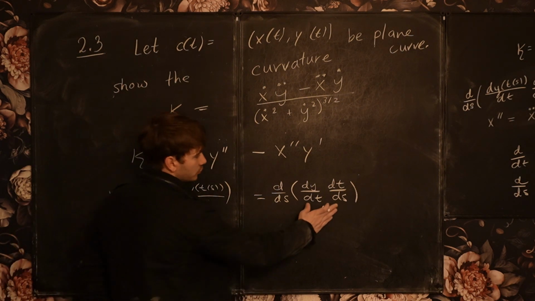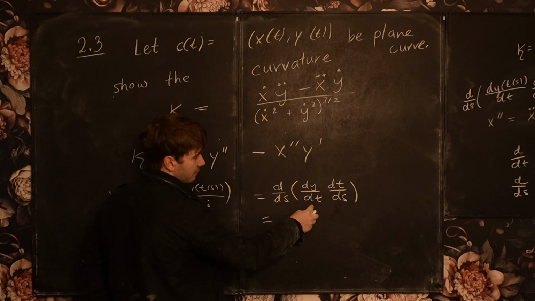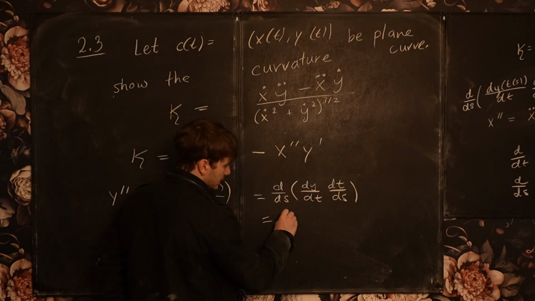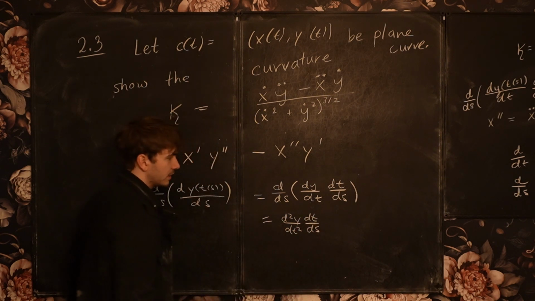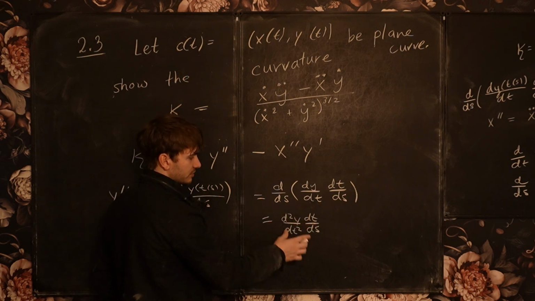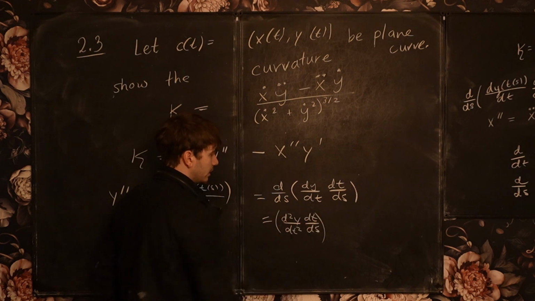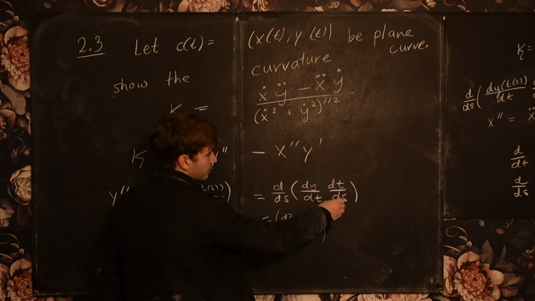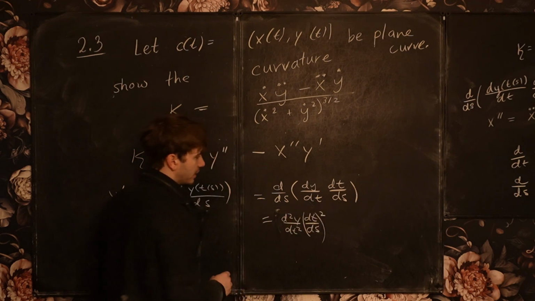And then we're going to evaluate this expression. I'm going to take the derivative of the first, and the derivative of the first is just d squared y over dt squared, dt over ds. So this is the derivative of dy over dt with respect to s, and I've used the chain rule to evaluate it. And then I multiply this by the second, dt over ds. So I'm going to end up with a dt over ds squared here.